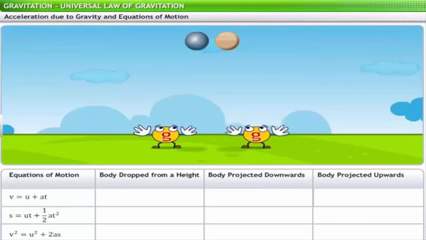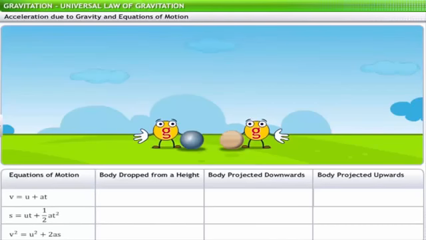The acceleration of all freely falling bodies is due to gravity. Therefore, we can simplify these equations for freely falling bodies. Now let us observe how these equations of motion are modified for freely falling bodies in all three cases.